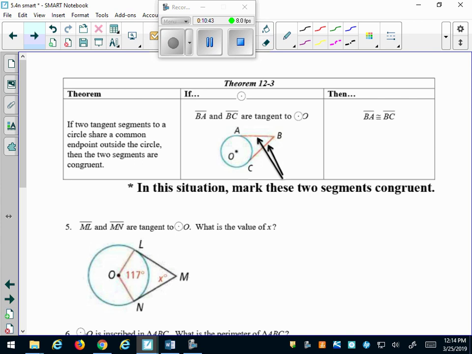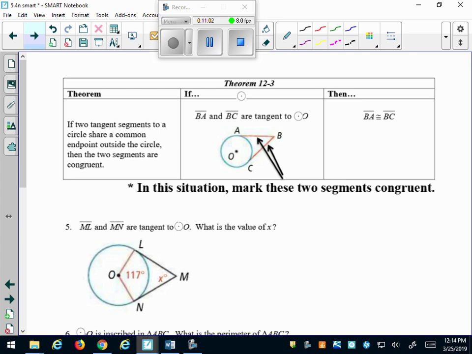All right, theorem number 2. So theorem number 1 was that a tangent line is perpendicular to its radius, right? So it forms a right angle. Theorem number 2 says if two tangent segments to a circle share a common endpoint outside the circle.